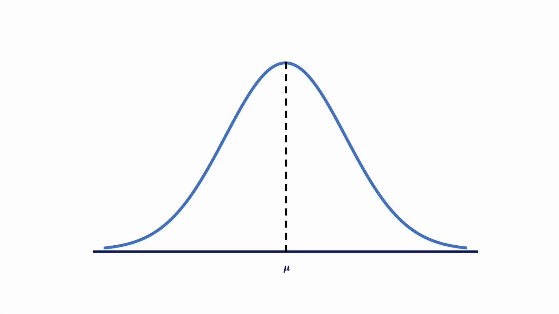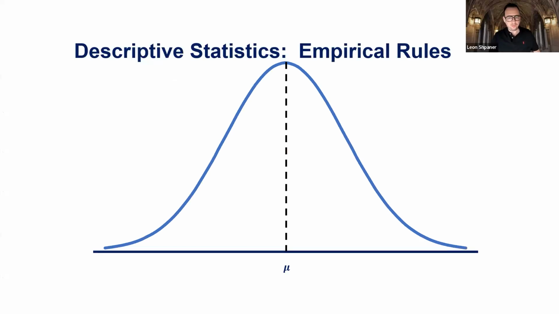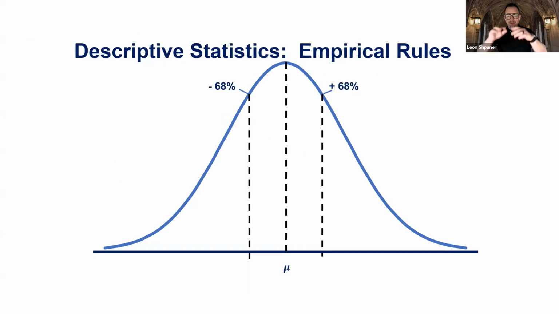As it pertains to the normal distribution, we have this bell-shaped curve. There are some empirical rules associated with it. You have the mean in the middle, your mu. As you begin to move out, you have 68% of the data situated within plus or minus one standard deviation from the mean.